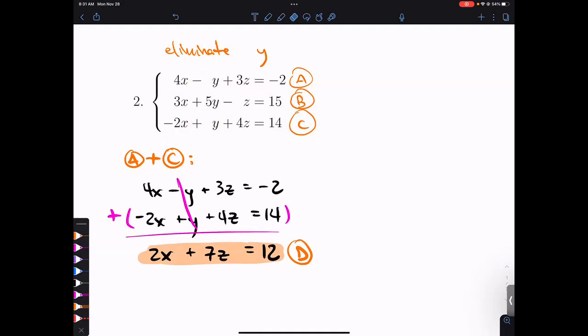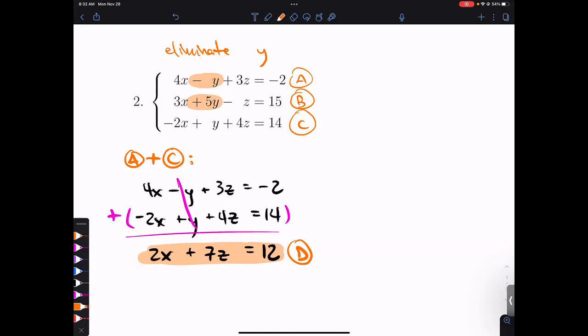Again, looking at these three things, the one that we just used was the place where it's easiest or most obvious to eliminate y, right? Well, we can do it in other places too. I'm going to take A and B. If I take A and B and try to get rid of y again, what do we need to do?